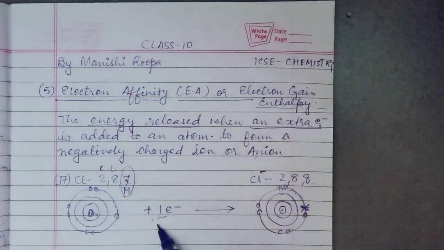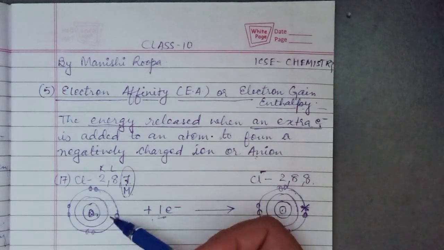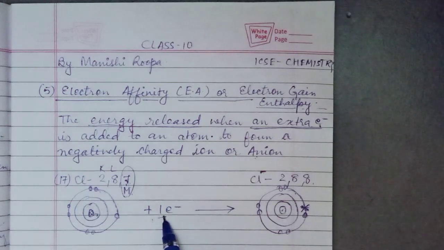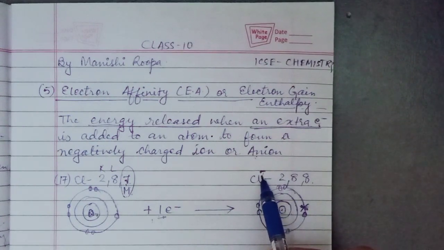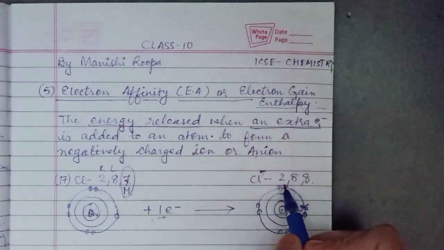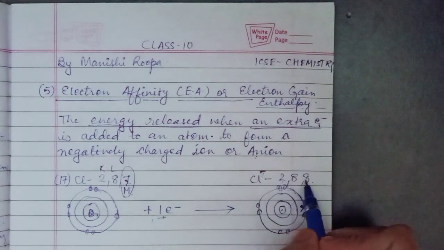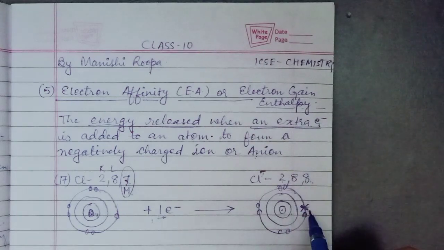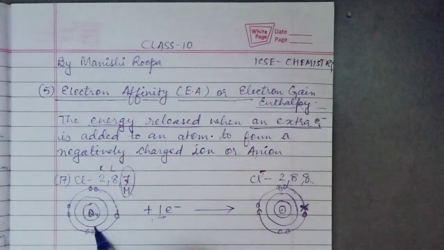One electron is added to a neutral, gaseous atom. After the addition of one electron, it forms a negatively charged ion, that is an anion, and the electronic configuration changes to 2, 8, 8. Here the cross represents the extra electron that we have added to the neutral atom.